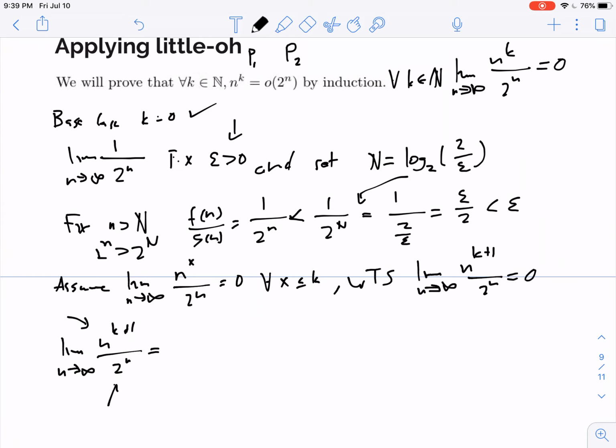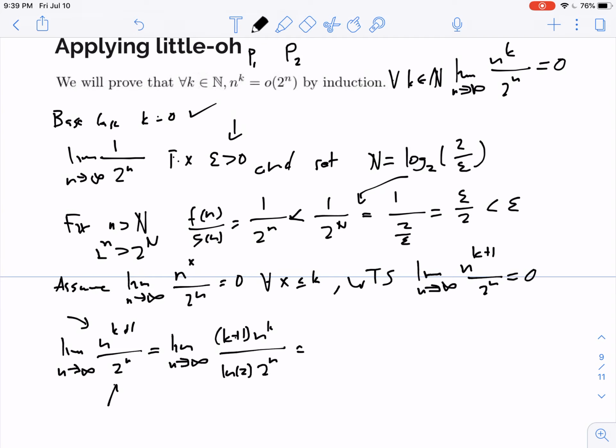So we'll take the derivative. Again, we need to apply the limit to the derivative of both sides. The derivative of the top is k plus 1 times n to the k, and the derivative of the bottom is the natural log of 2 times 2 to the n.